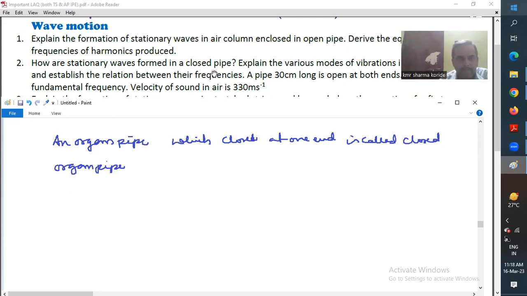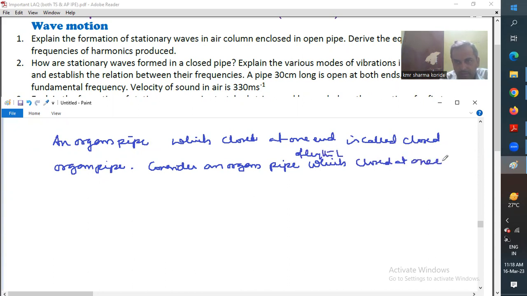Consider an organ pipe of length L, which is closed at one end and open at the other end.